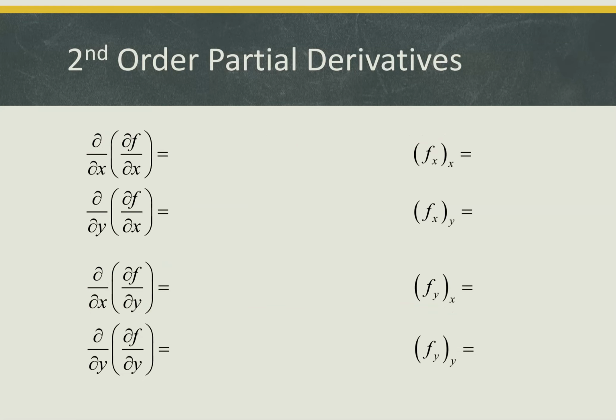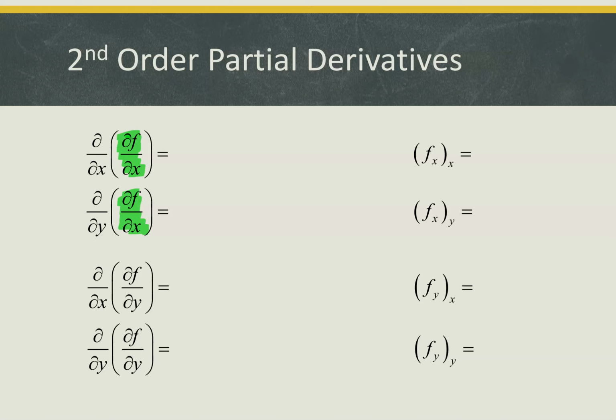Now, we were able to find second derivatives of functions back in Calculus 1. Well, we can do the same thing with multivariable calculus and multivariable functions, but we have to attend to what those original partial derivatives were with respect to. So these are our second order partial derivatives. And so if I should happen to start with a partial derivative with respect to x, I have that original function.